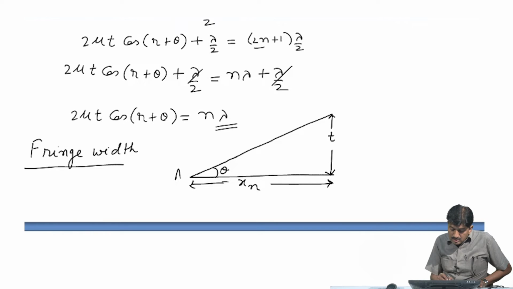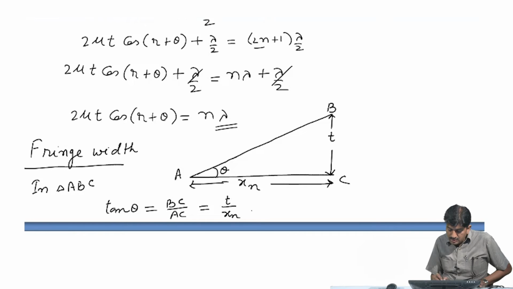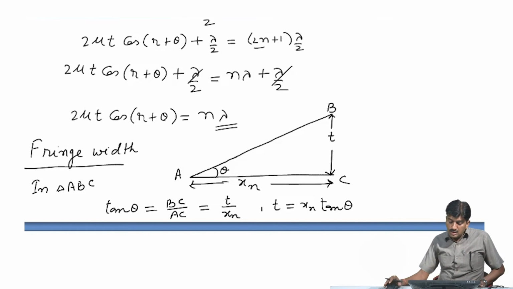In this triangle ABC, if we consider tan theta, it should be BC upon AC. BC means t upon xn, and t equals xn tan theta.